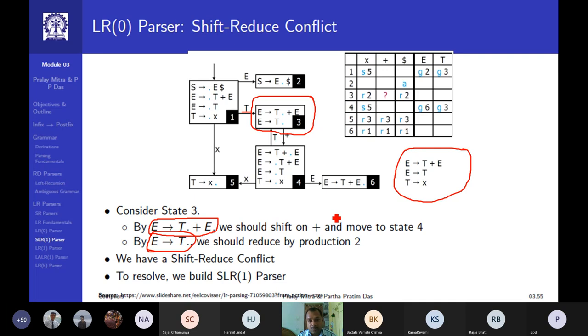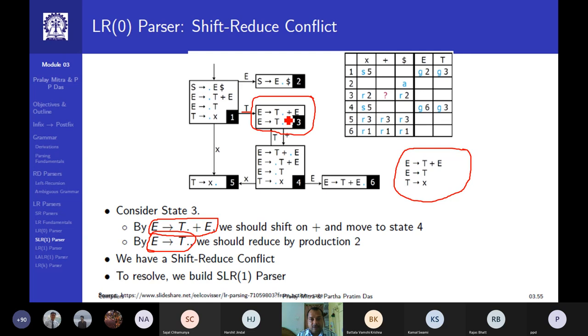But as of now, I do not have any lookahead information. I am at this dot position. I cannot see the next character, that is my lookahead. I do not have that.